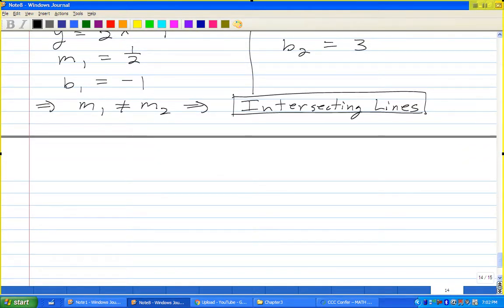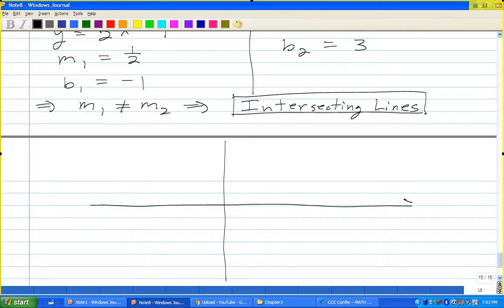And so let me draw this. Here you're going to have to be fairly careful that you draw this well, because you're going to have to find where these lines intersect. So it's very dependent on how well your graphing skills are.